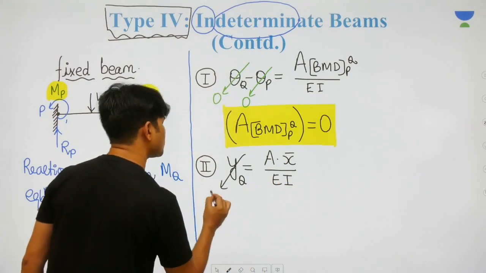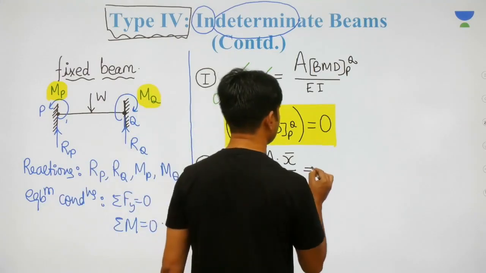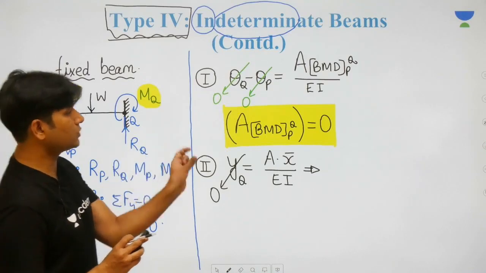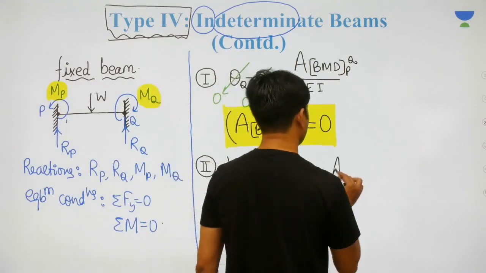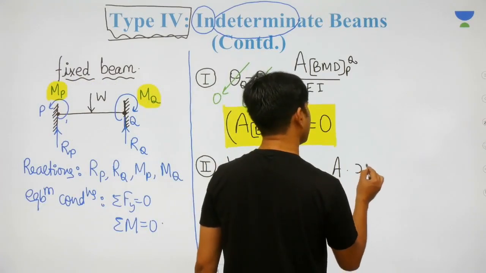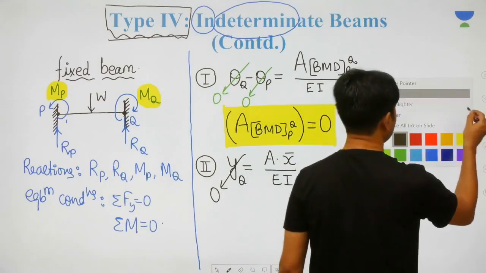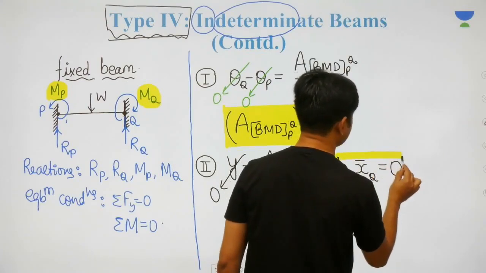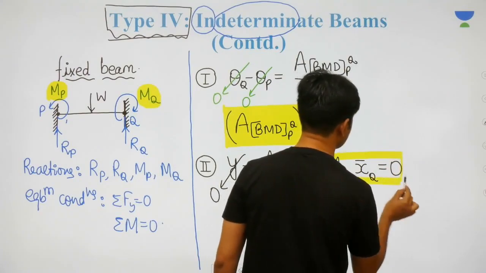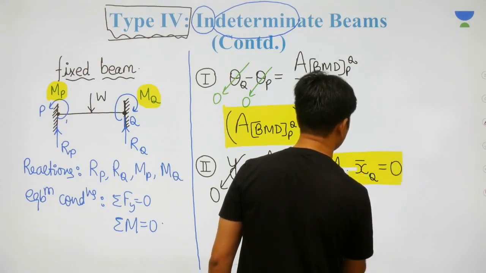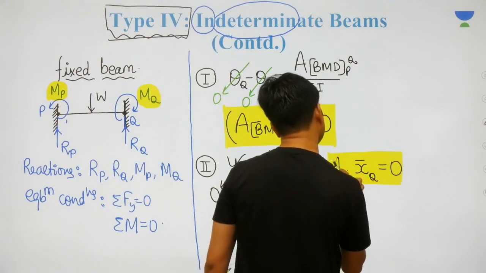But YQ becomes 0, and if YQ becomes 0, we have another condition available, that is area into X bar is equal to 0. This is the second condition that you must remember, my dear friends.